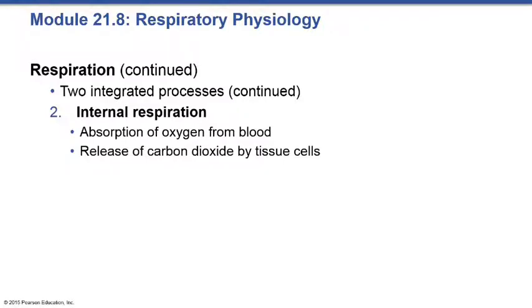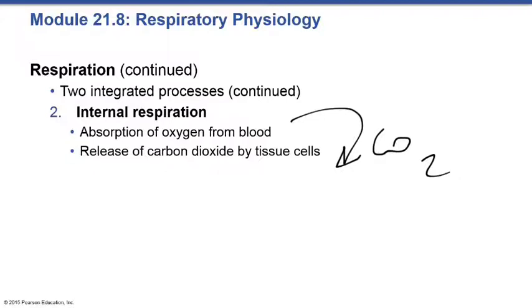Now, when cells take up that oxygen from the blood, they are going to make, through the process of cellular respiration, CO2. So when a respiratory therapist or physician refers to respiration, they're usually referring to ventilation, air in and out of the lungs, and availability of oxygen into the body.